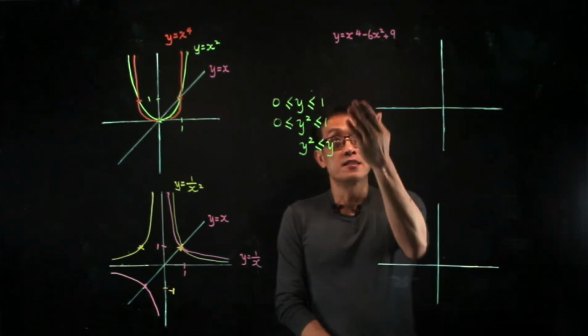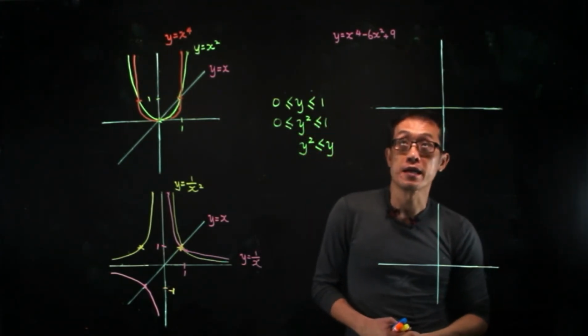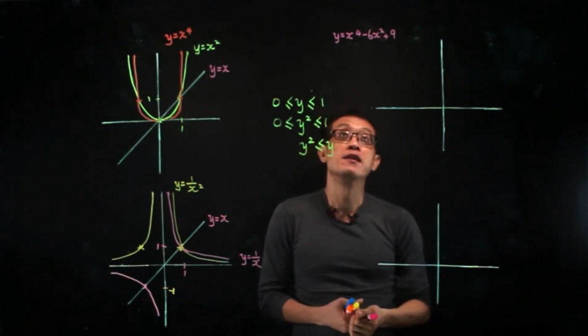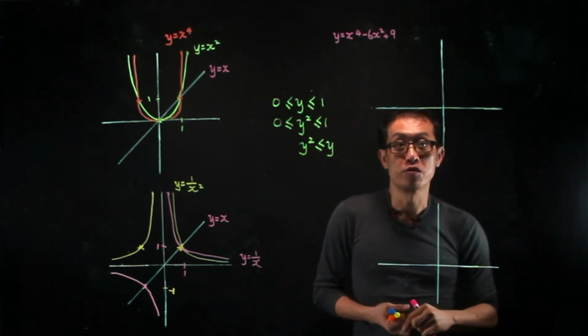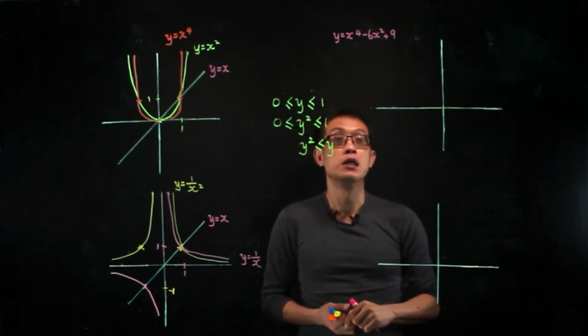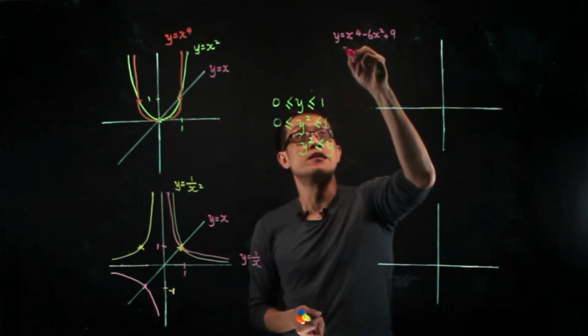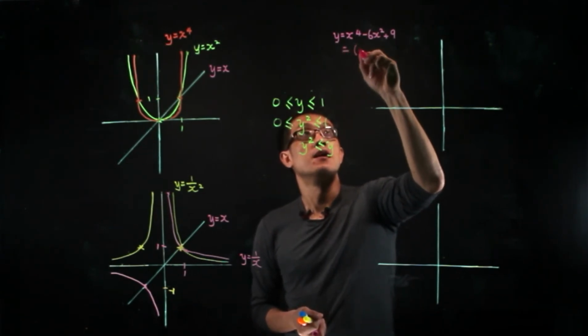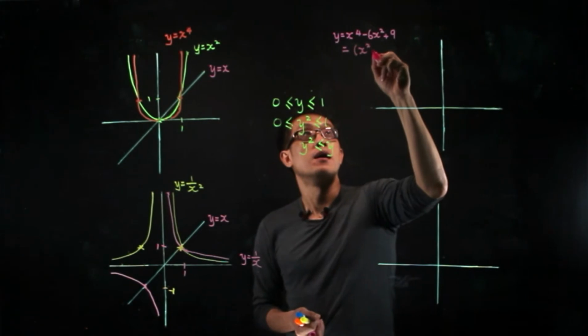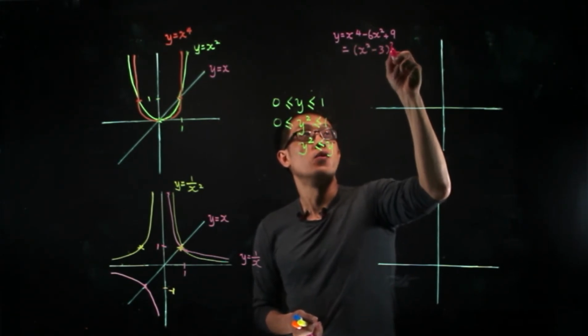Next, let us try to sketch this graph x to the power of 4 minus 6x squared plus 9. This expression looks rather intimidating because it's to the 4th power. But if you look at it closely, this can be rewritten as x squared minus 3 whole thing squared.